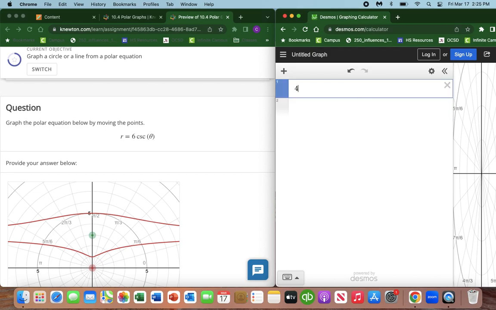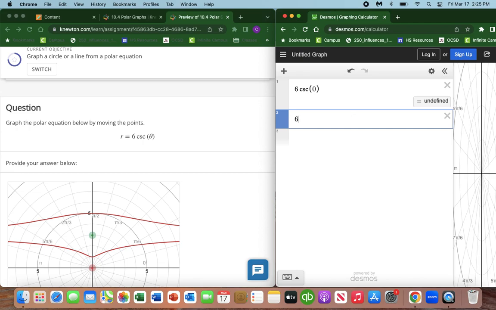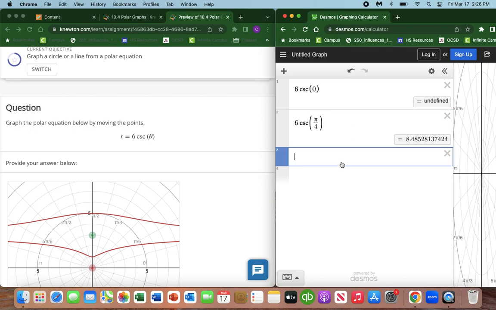So we're going to say 6 cosecant, and I'm going to start at 0, and it's undefined. I'm going to say 6 cosecant of pi over 2. And actually, I'm going to do pi over 4 just for fun, because it's going to help make my point for cosecant and secant.